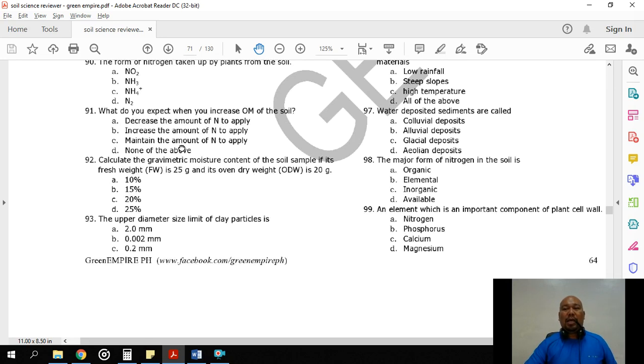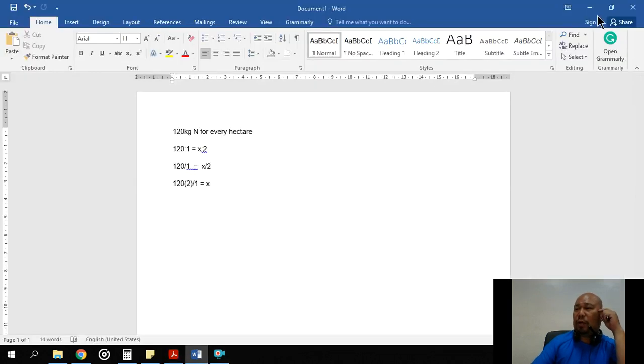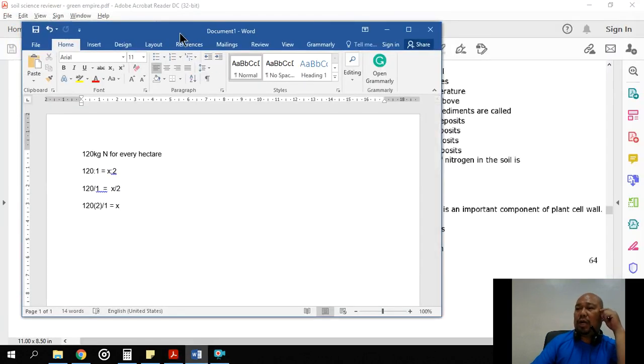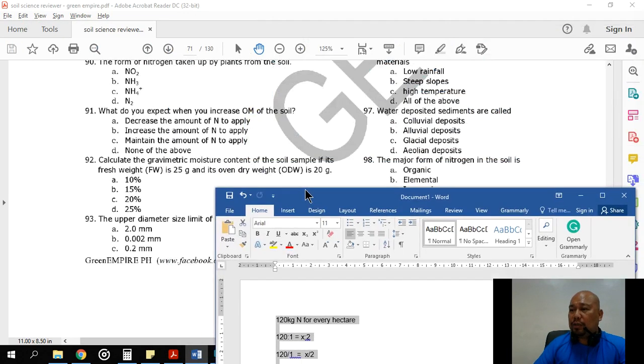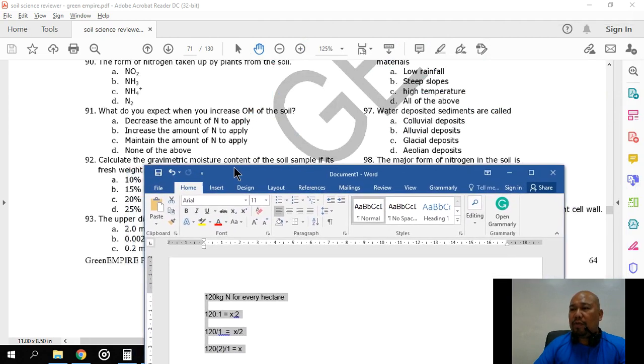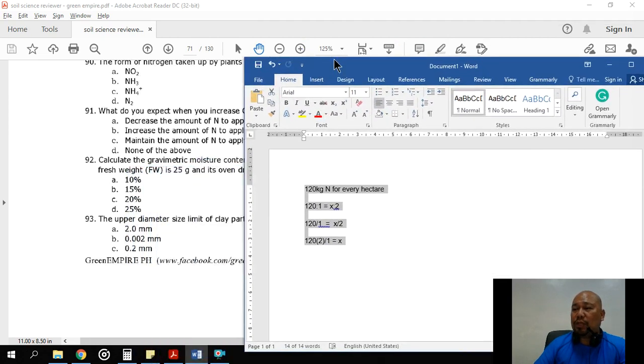Okay? Calculate the gravimetric moisture content of the soil sample if its fresh weight is 25 grams and its oven dry weight is 20 grams. I think I gave you already the formula for moisture content. Okay, so what are the choices? Gravimetric moisture content. Okay.